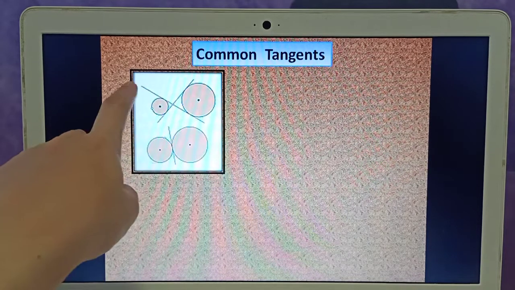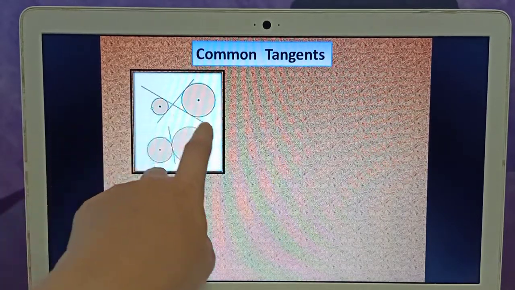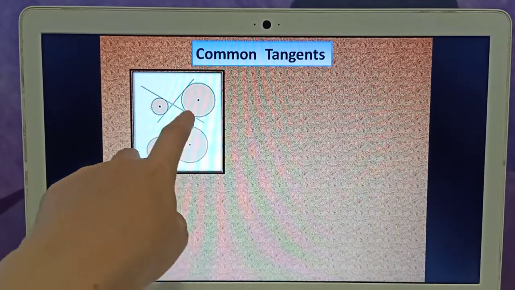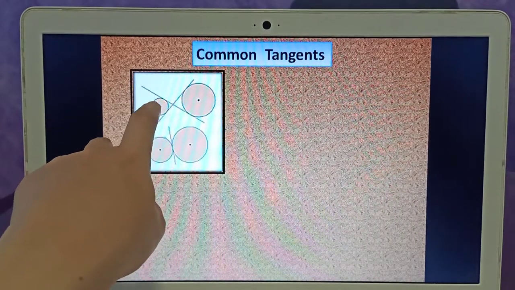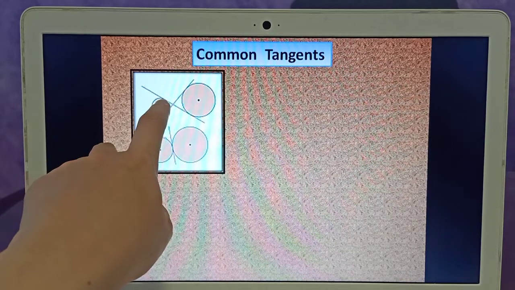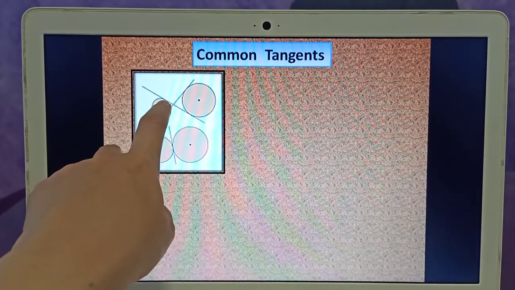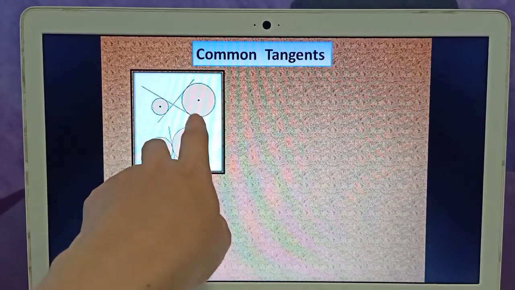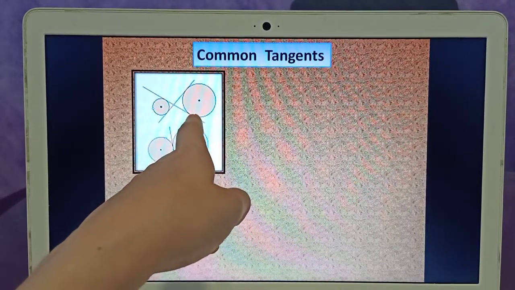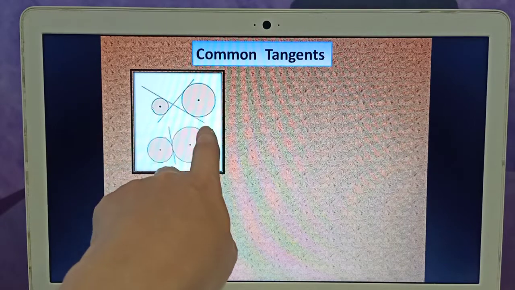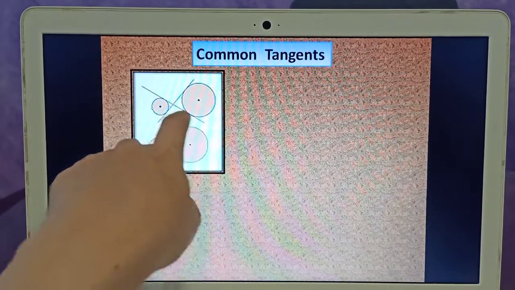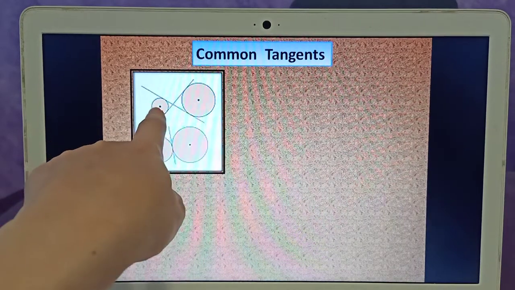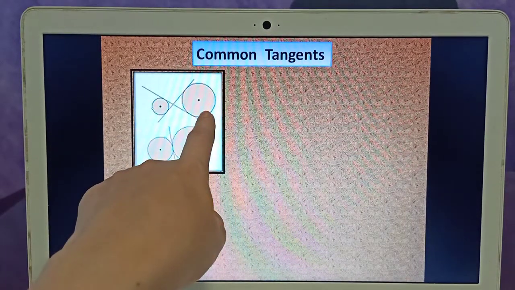You see, this tangent is very magic because it is not only the tangent for this small circle, which touches the small circle at this point, but this straight line also touches the big circle at only a point here. So this line is actually the common tangent of the small circle and also the big circle.